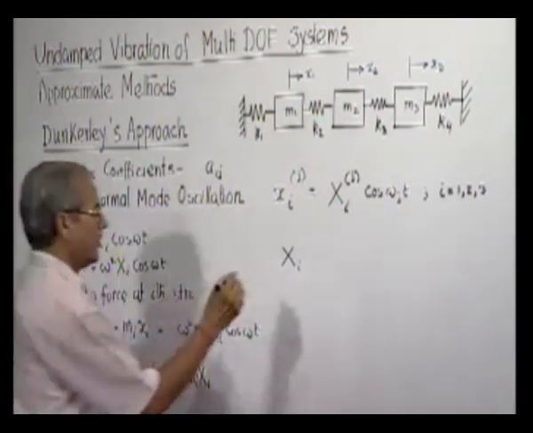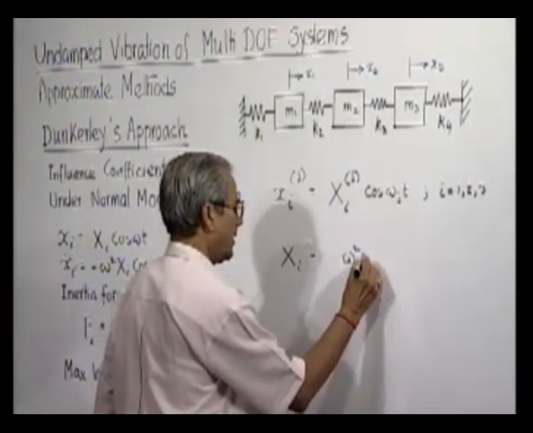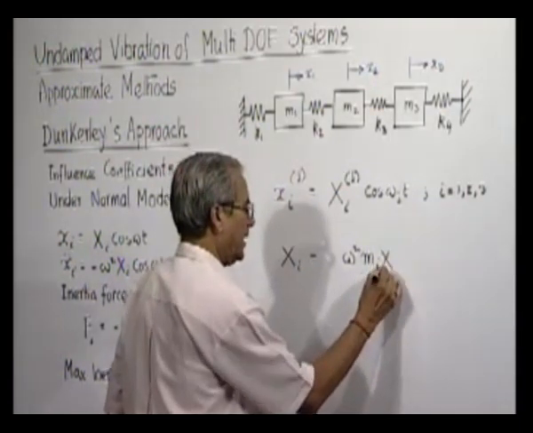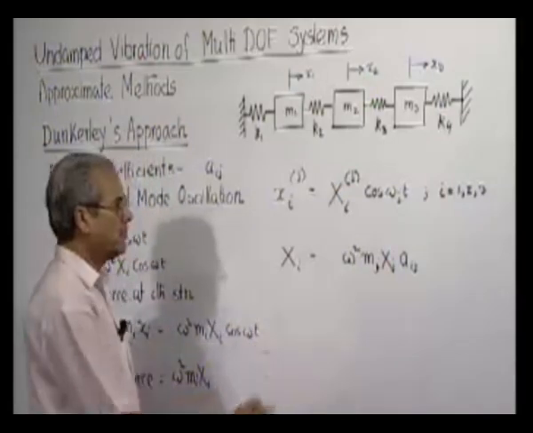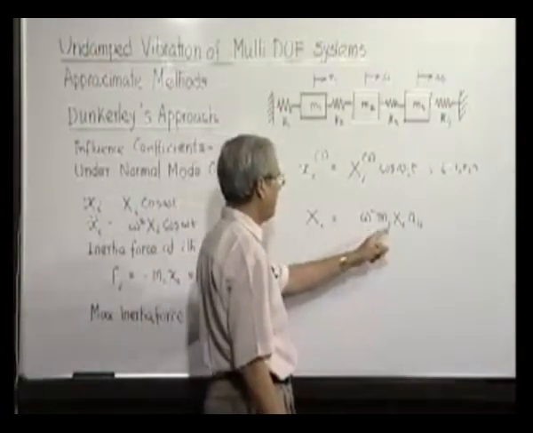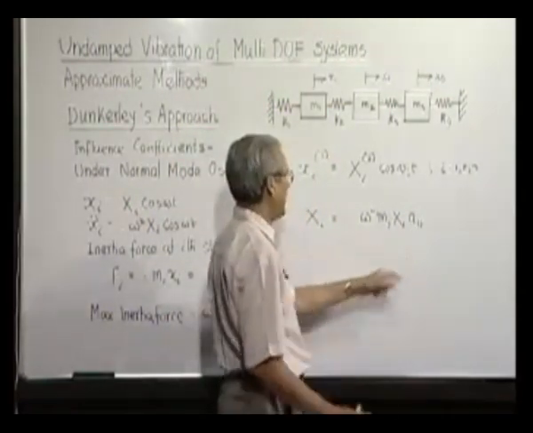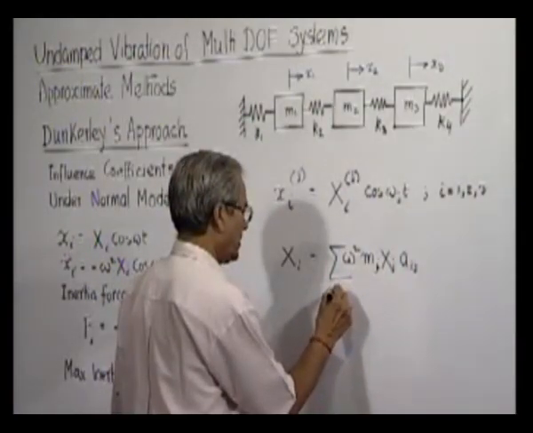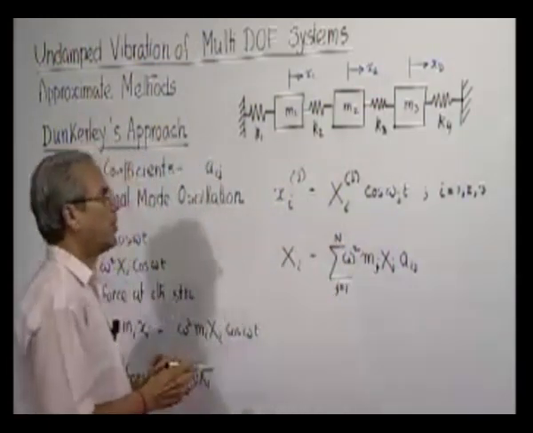So, it will be omega square mj Xj aij. This is the maximum inertia force at this instant at the jth station, and the deflection at the ith station due to this force at the jth station is to be multiplied by aij, and this we sum up from j equal to 1 to n, where n is the number of degrees of freedom.